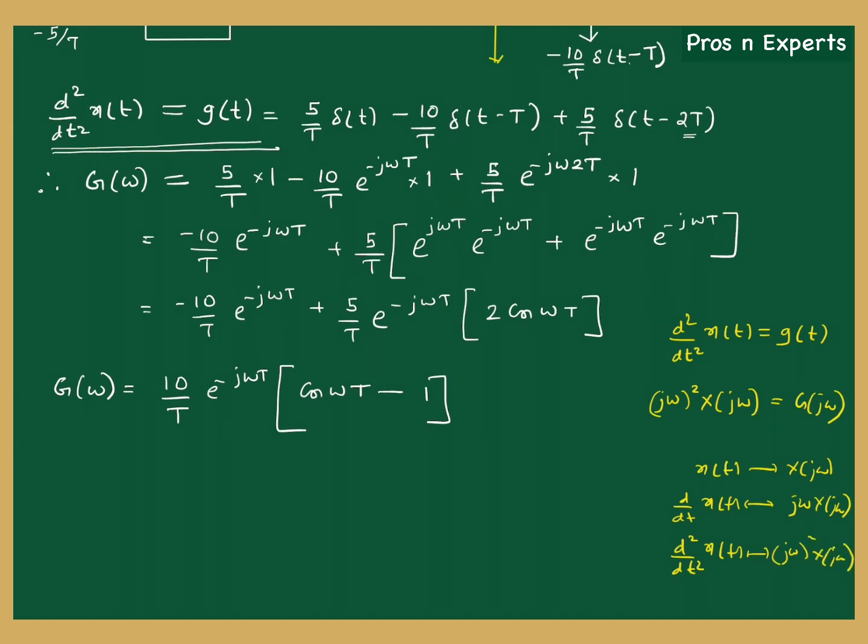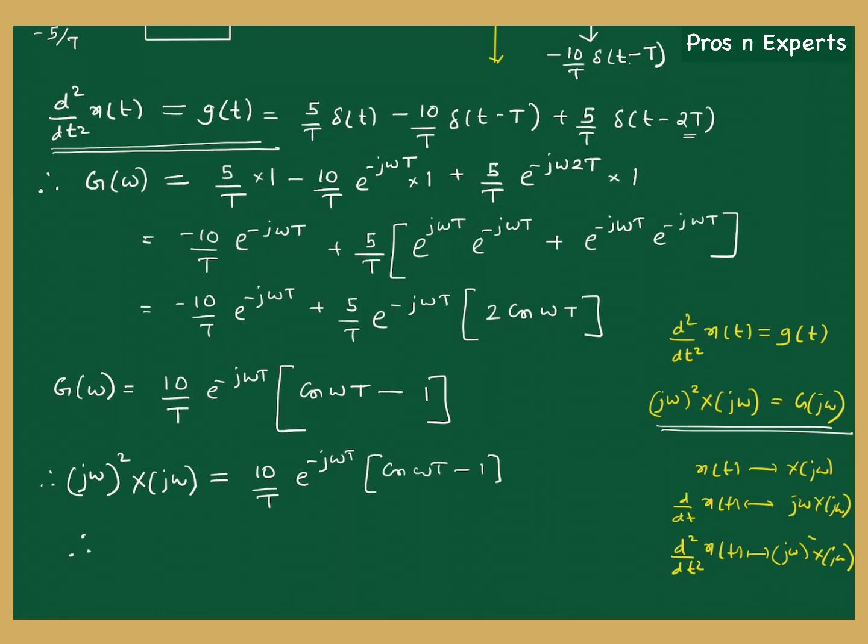Therefore (j omega) the whole square into X of j omega is given as G of j omega, right? This equation (j omega) square X of j omega equal to G of j omega, which is equal to 10 by t into e raised to minus j omega t into cos omega t minus 1.